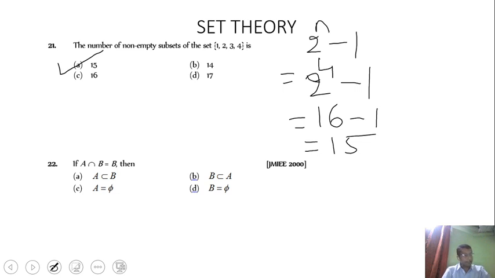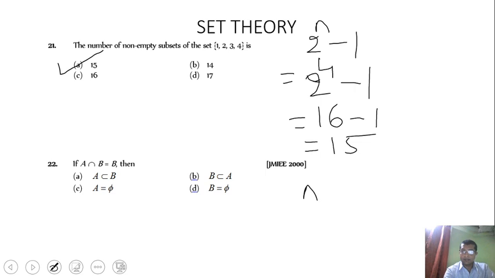Now, example number 22. A intersection B equal to B, then which of the following options is the right answer?